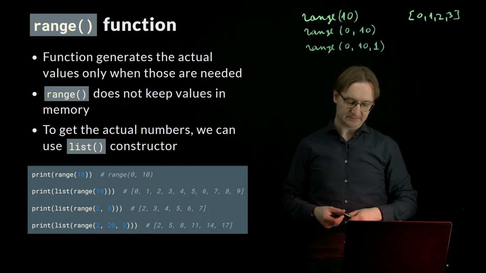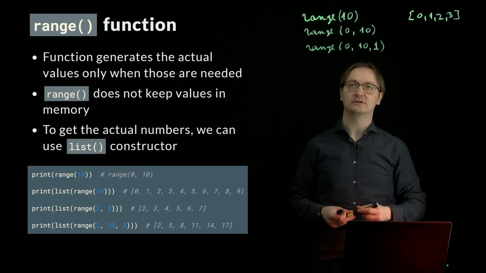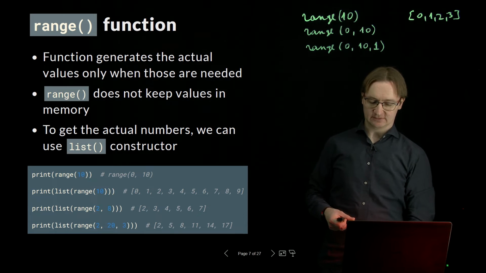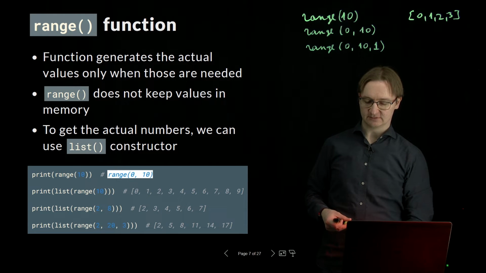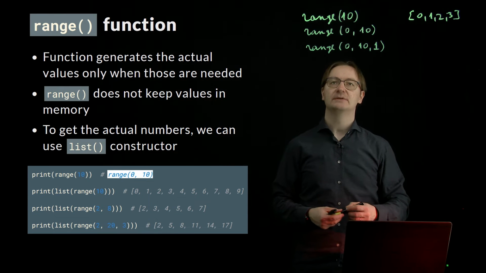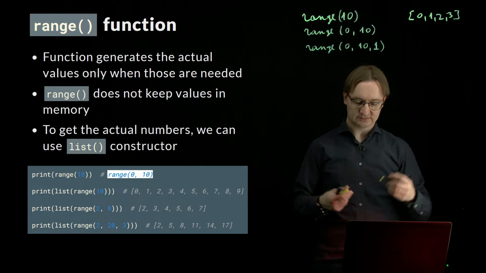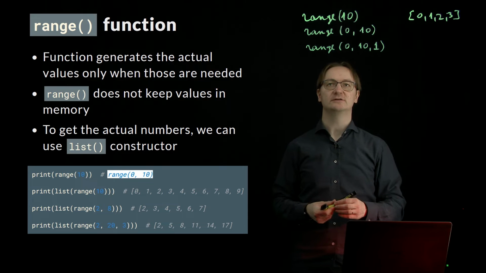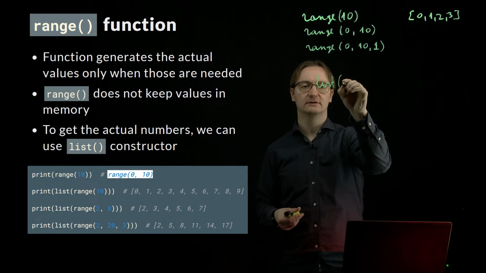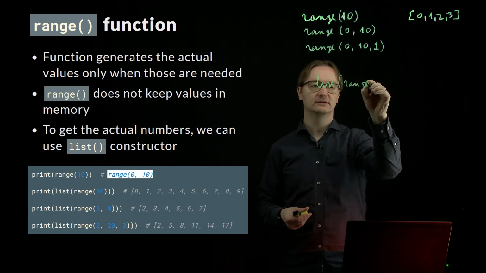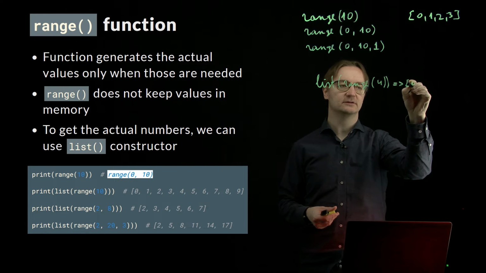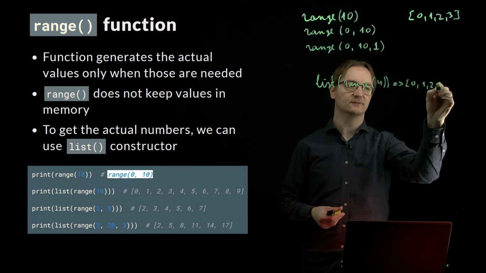So here are some examples. If we print out the range itself, it actually gives us the result range, so there are no actual numbers inside. But if we want to see the numbers, then we can convert it into a list. So if we do list range 4, then I will get 0, 1, 2, and 3.